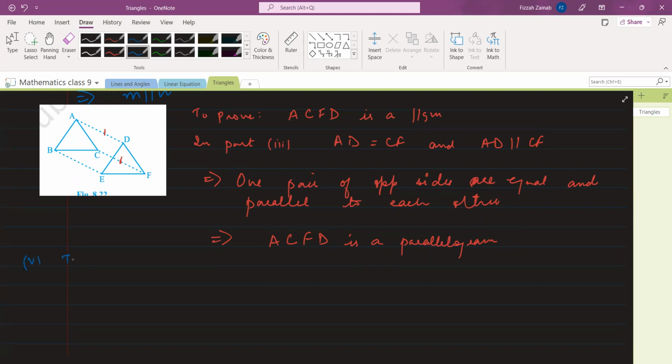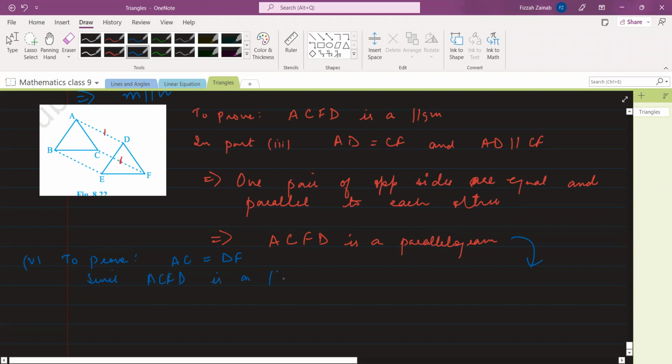Okay, now in the fifth part, you have to prove that AC is equal to DF. Now, how can you say that? Again, the same thing we can say now, because it is a parallelogram, that means the opposite sides are equal. So we have just proved, since ACFD is a parallelogram, we have already proved just now. So that means AC is equal to DF. Why?